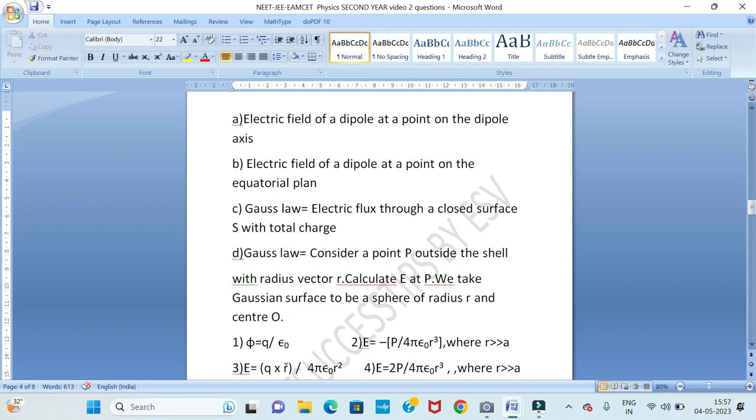Phi, the electric flux through a closed surface S with total charge, is equal to Q by epsilon 0.